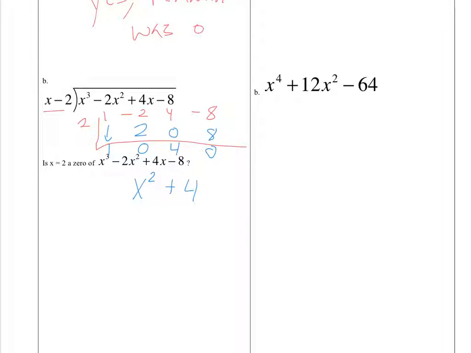Is x equals 2 a 0? Well, since x minus 2 is a factor, that means that x equals 2 is a 0.